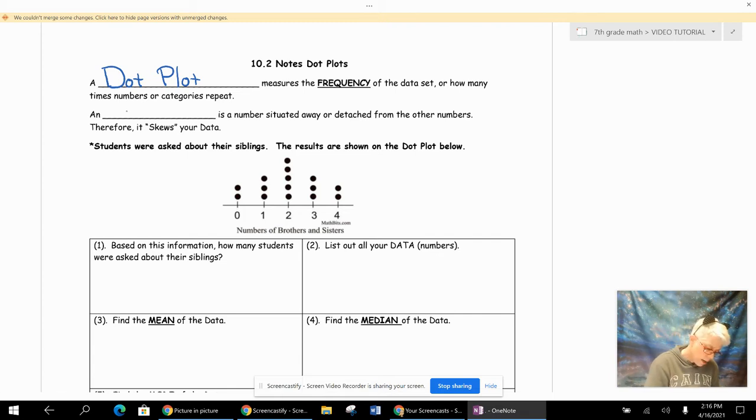So an outlier is a number situated away from the rest of the data. For example, let's say your class is competing with another class for grades, and most of the kids in your class have an 80 to a 90 on a test or something like that, and then one kid or two kids make a 0 on the test.